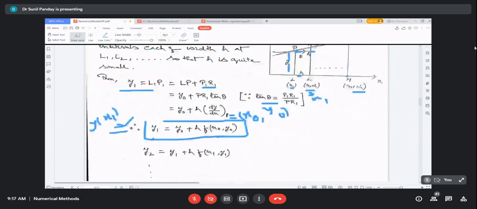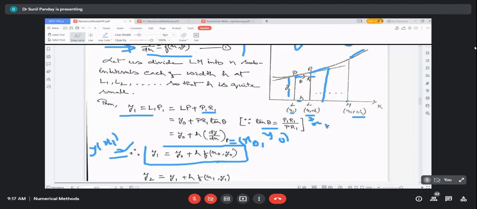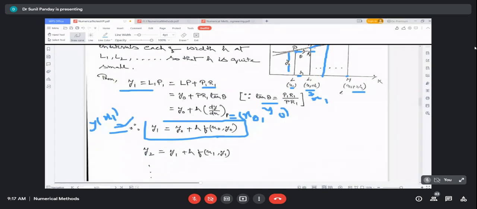Next, from this point y1, we again draw a tangent, and the tangent again intersects the line perpendicular at the point x naught plus 2h, and we approximate the value of y2 at the point x2, which is x naught plus 2h.